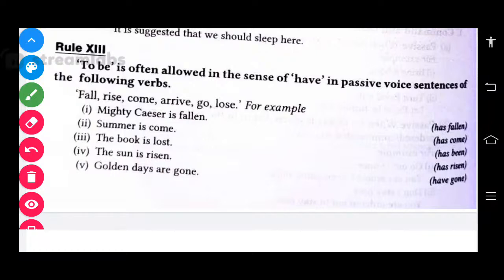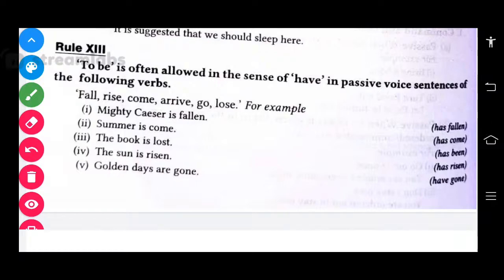For example, mighty Caesar is fallen. Do you know the Julius Caesar story? Mighty Caesar is fallen means nothing but has fallen. Summer is come means summer has come.